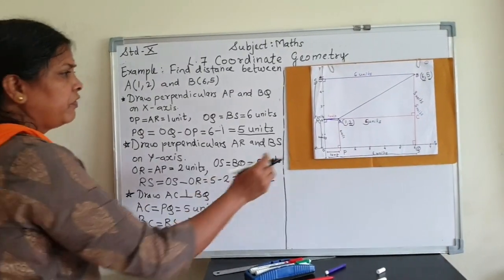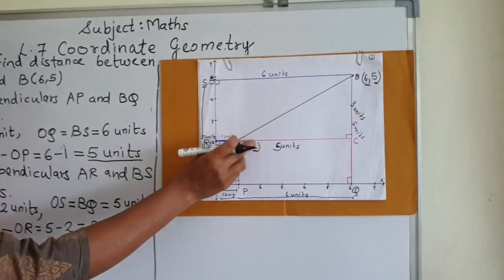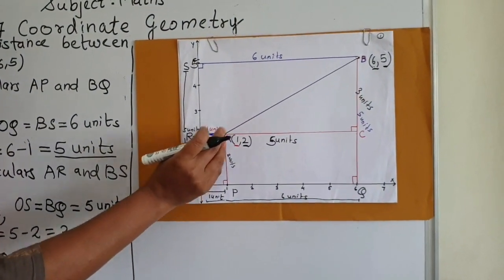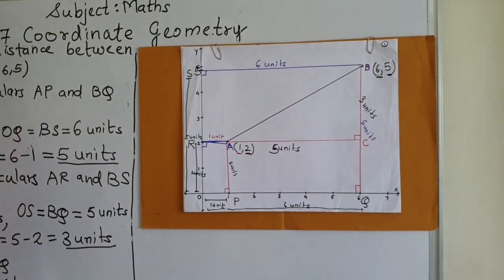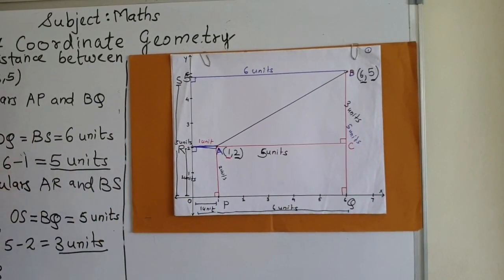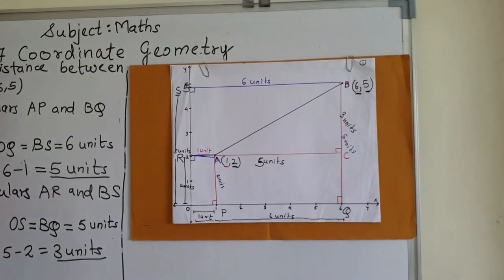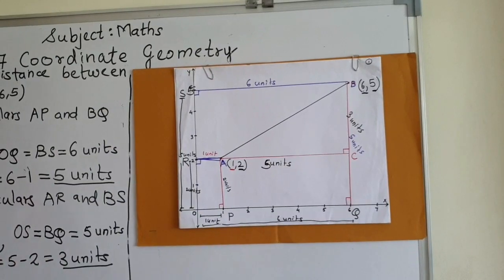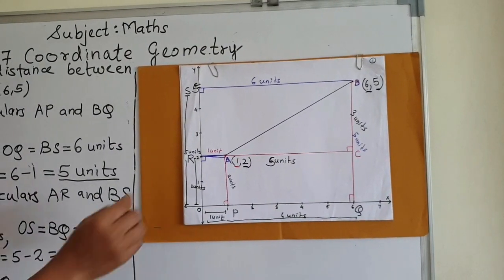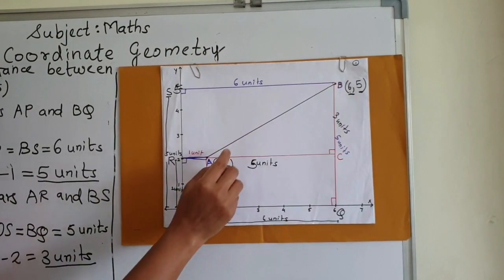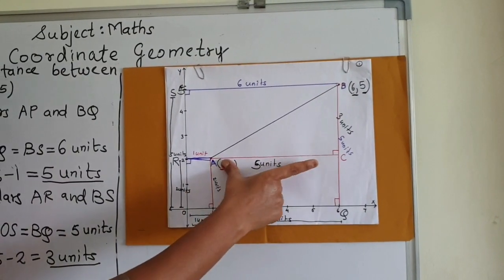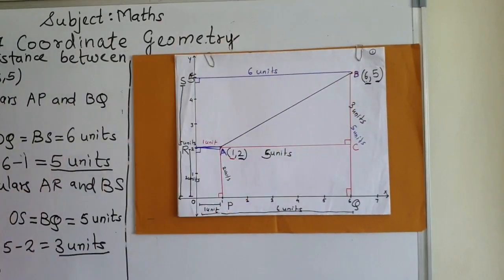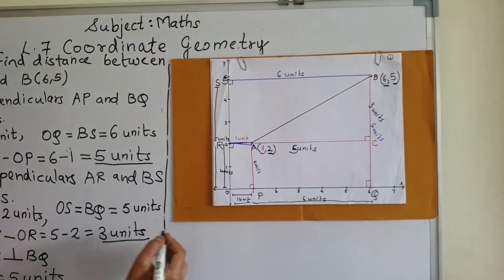So now when you look at this triangle ABC, what does it remind you? That it's a right angle triangle. And now what is the property or theorem we use for a right angle triangle? That is Pythagoras theorem. So can we find the distance of AB by using Pythagoras theorem, with AC square plus BC square is equal to AB square? So let's write it here.